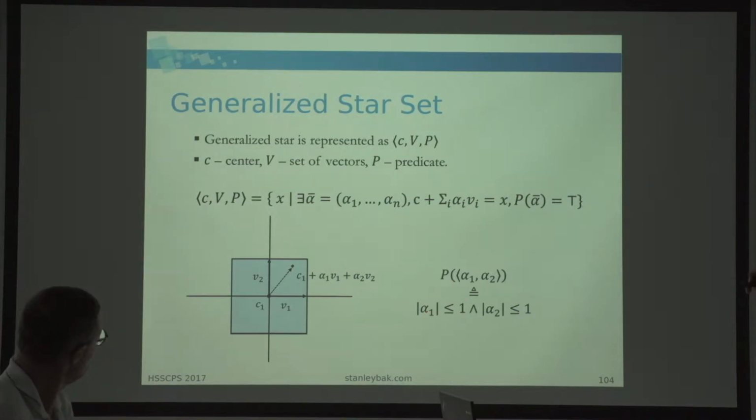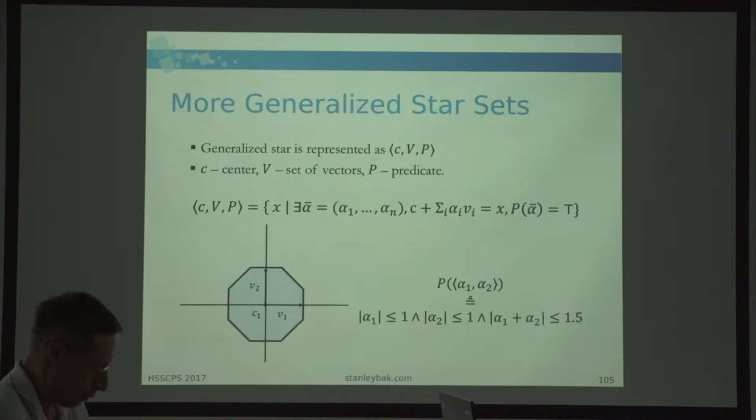And if the absolute value of alpha1 is less than 1, and the absolute value of alpha2 is less than 1, then we're saying this state is in the generalized star set. So for example, for this point, there's a certain value of alpha1 and alpha2 that satisfy this equation. Those values of alpha1 and alpha2 both have absolute values less than 1. So therefore, this point is in the generalized star set. So we can define a set of states in this way.